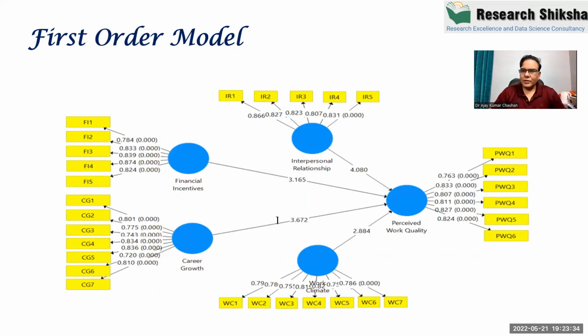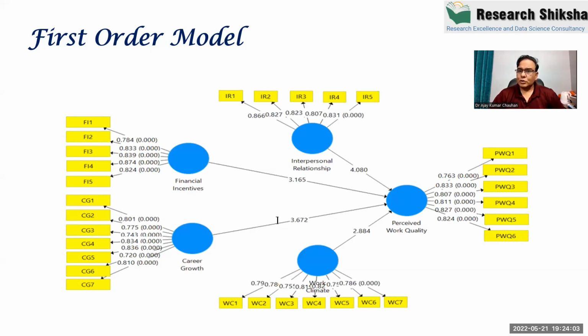Okay. So one of the questions coming in the chat box is whether the second order is formative. The second order is formative as well as reflective. For example, service quality is a second order construct. It is represented by tangibility, responsiveness, assurance, reliability, right?